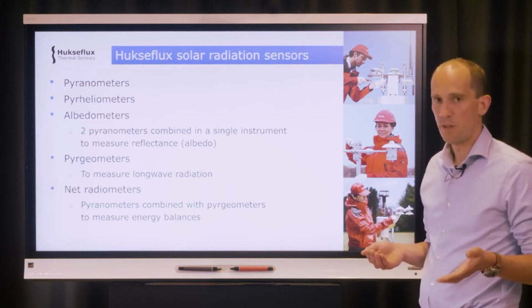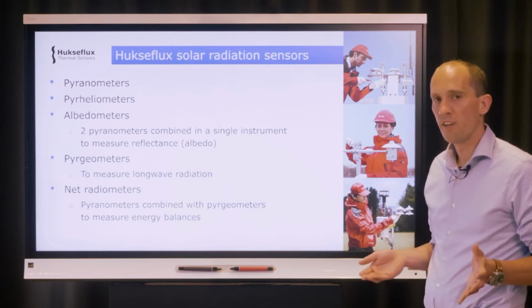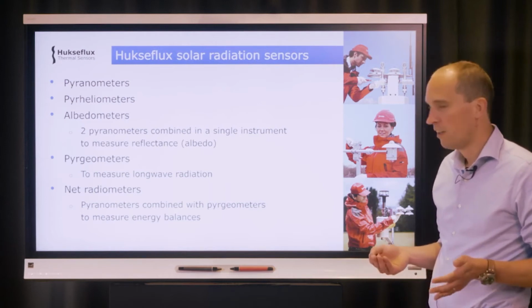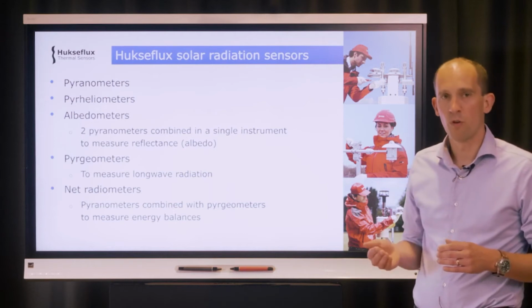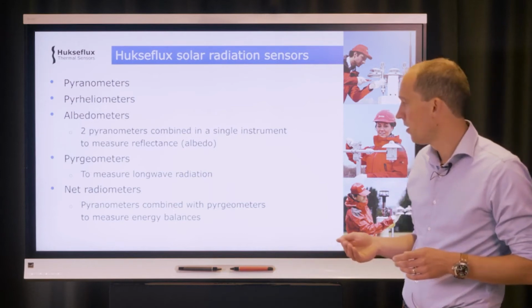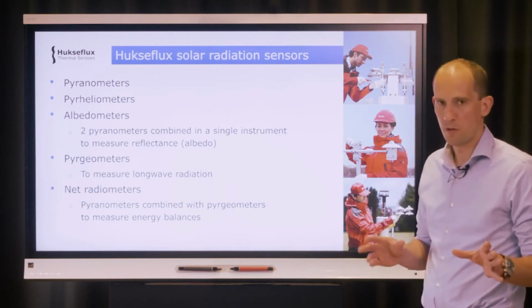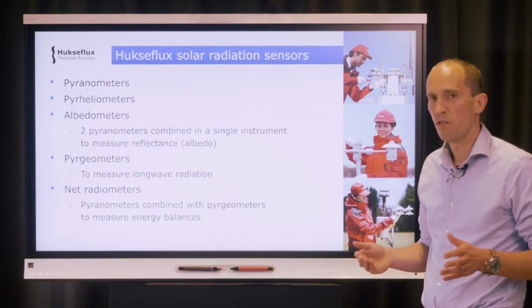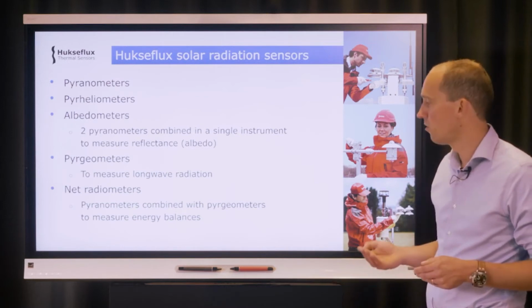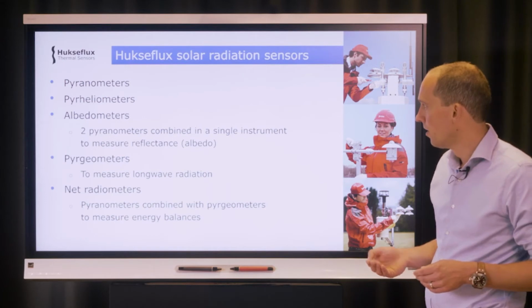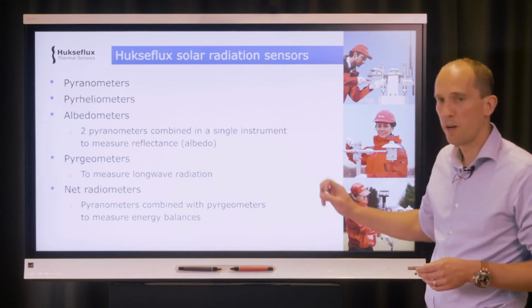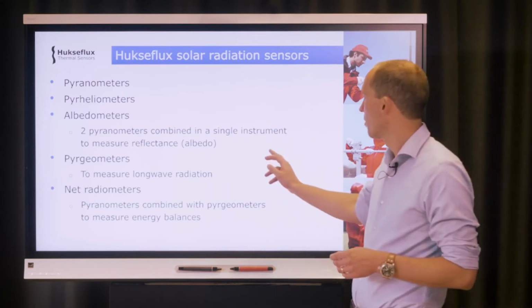We do offer pyrgeometers to measure the long-wave radiation, which is thermal energy. And we offer instruments called net radiometers, where we combine pyranometer and pyrgeometer measurements in a single instrument to give you the energy balance. Now I will focus mainly on the pyranometers and the pyrheliometers for this presentation.